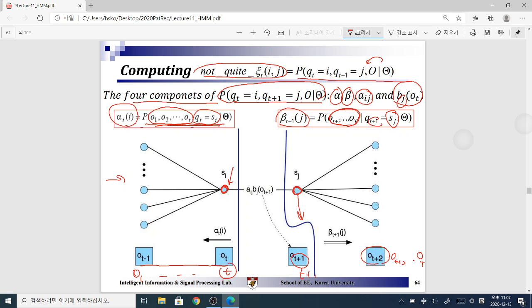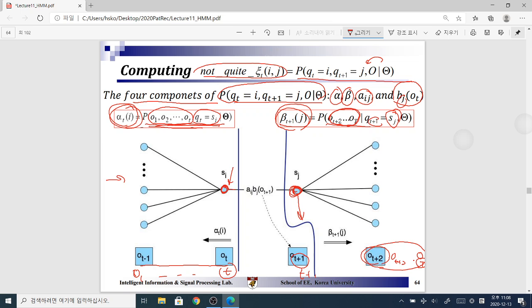One being, once again, at state i at time t, having this observation sequence, which is computed by alpha sub t of i, as well as being at state j at time t plus 1, which is computed by the backward algorithm, beta sub t plus 1 of j, which is the probability of the observation sequence starting from t plus 2 all the way to capital T, given that you are at state j at time t plus 1.